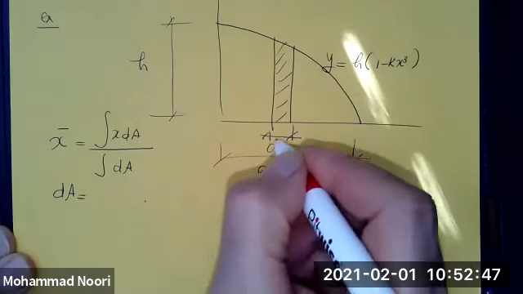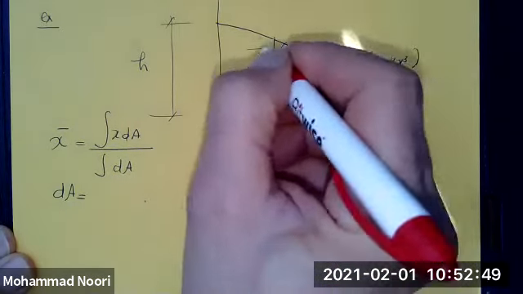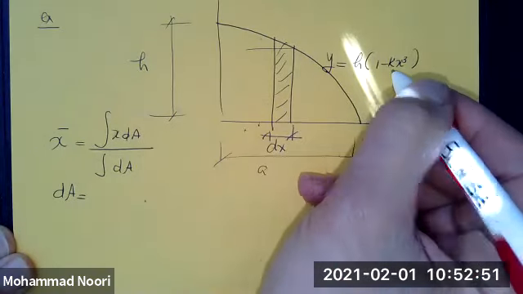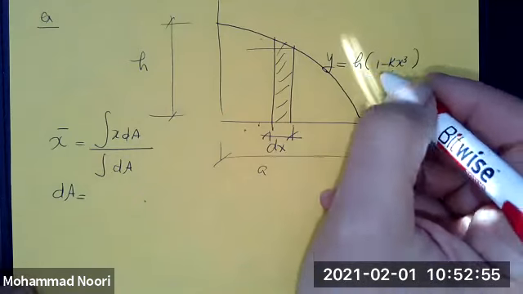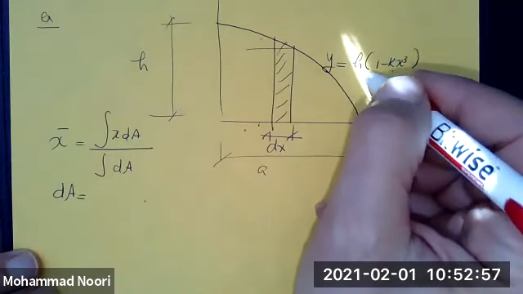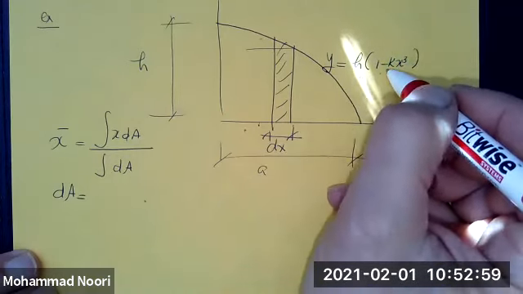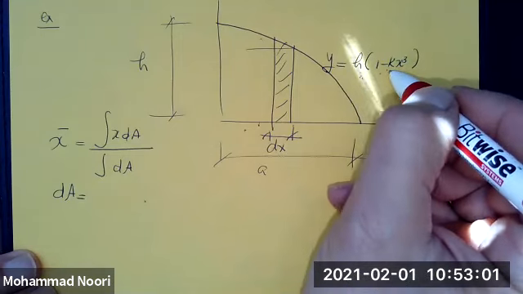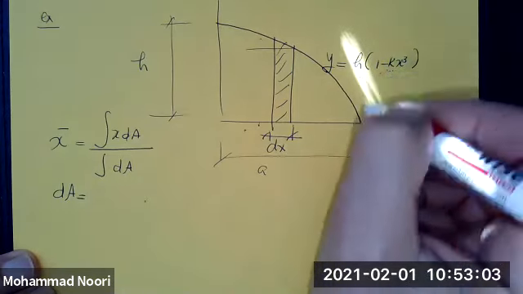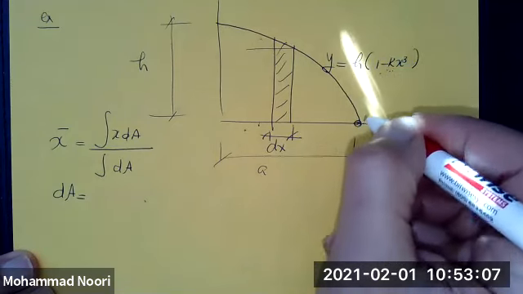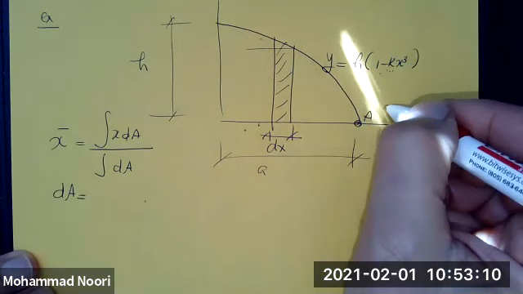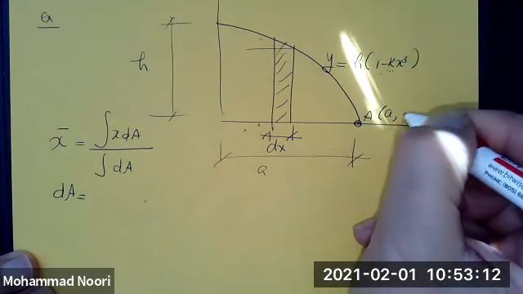That is, this is dx, and this is the height, which is from here. And by the way, you can find this parameter k because you have the coordinates, by substituting. For us, this is point A. Coordinates of that are a and 0.